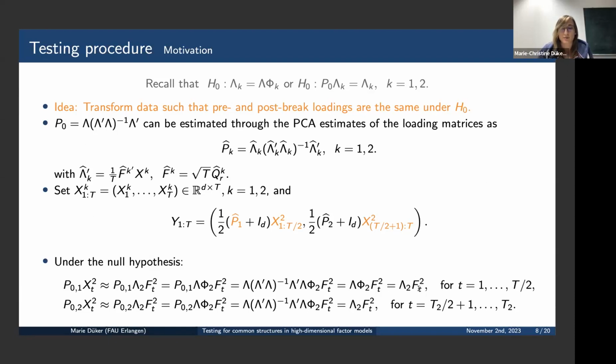We still get lambda 2. Now getting to this black part here, one can see that P2 doesn't change anything, obviously, because I'm using the projection matrix based on the same loading matrix.